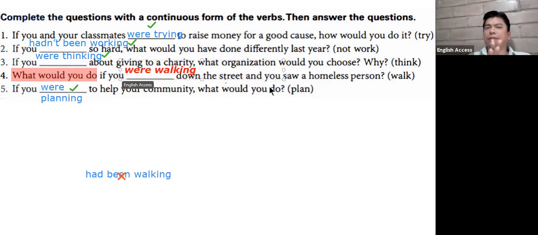Yes, it's in the same moment. We're walking is the scenario, the background, the context. So you're walking down the street and you see a homeless person, right? In the imaginary situation, the hypothetical situation, you use a different tense. So if you were walking and you saw a homeless person, and the question is, what would you do?